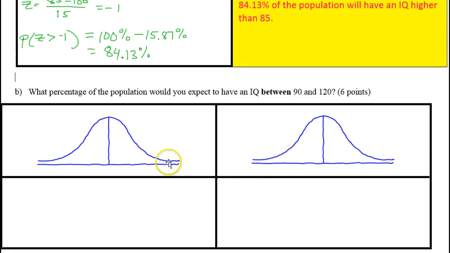All right, now what percentage of the population would you expect to have an IQ between 90 and 120? Well, the mean is still 100 on the IQ side of this picture, and the mean z-score is still 0.